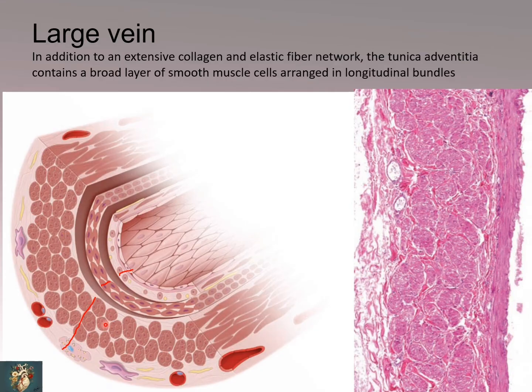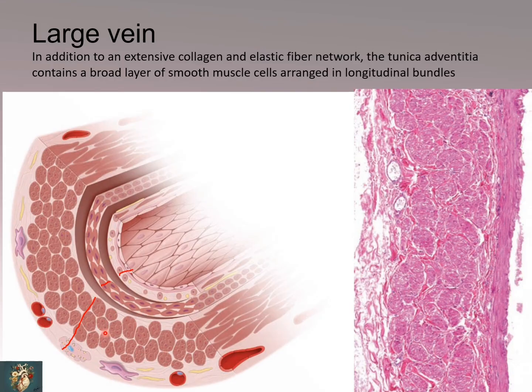Then outer to the tunica media is the tunica adventitia, and this tunica adventitia consists of three zones. The zone which is just beneath the tunica media contains dense collagen fibers in addition to elastic fibers. Then a middle zone which is formed by a large number of smooth muscle cells, and these smooth muscle cells are arranged in a longitudinal manner, in contrast to the muscles which are present in the tunica media.